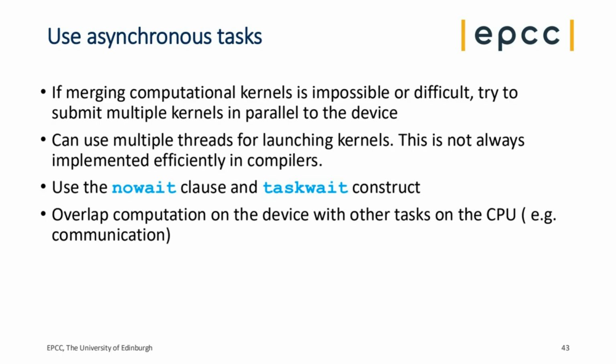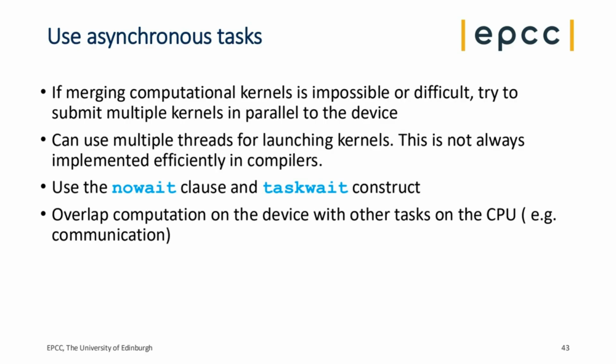And there are also asynchronous tasks, which you can use to make sure that the host is occupied with work all the time, and you could schedule multiple kernels onto the GPU, hardware resources allowing. This is just making sure that there's nothing idle either on the host or on the GPU.